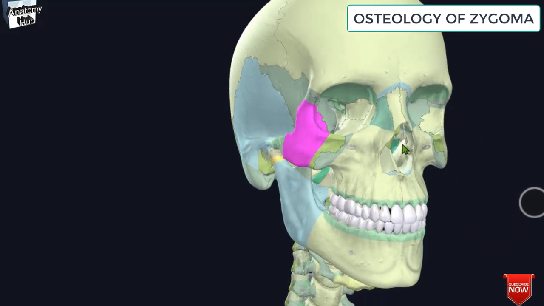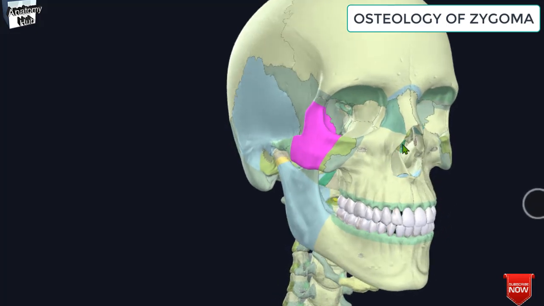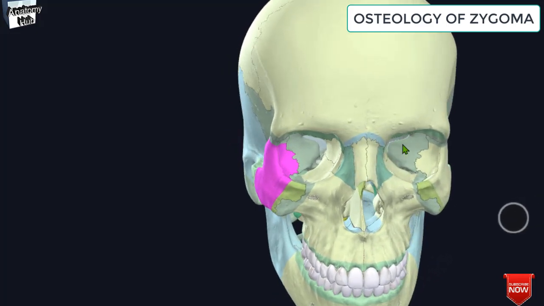Okay, that is not visible over here in this model, but you will see a foramen over here, that is the zygomaticofacial foramen, which allows passage of the zygomaticofacial nerve.